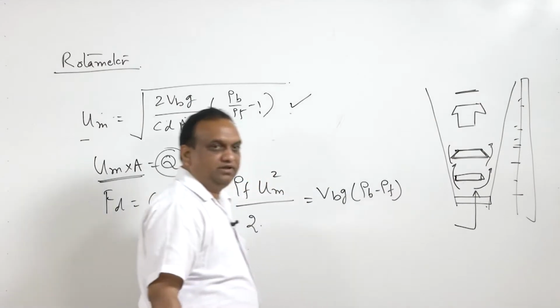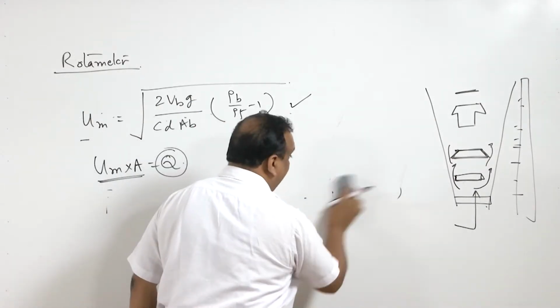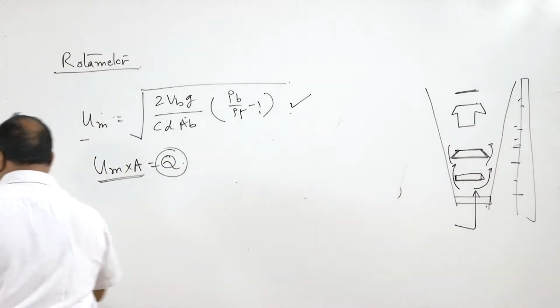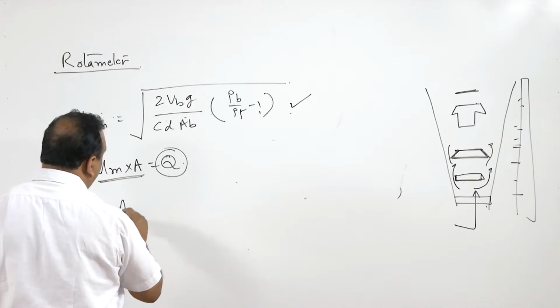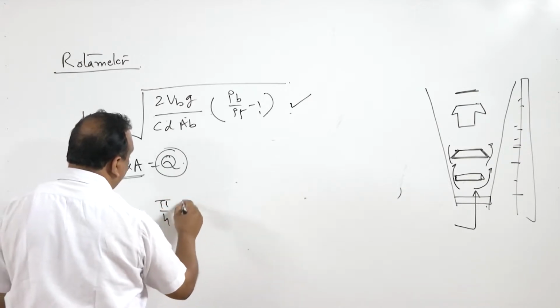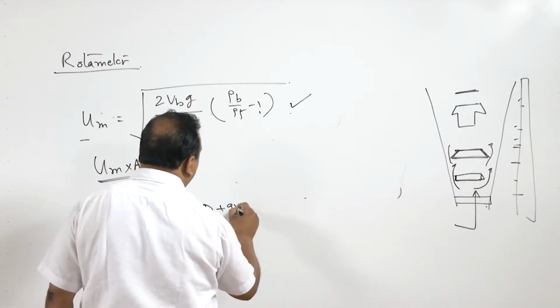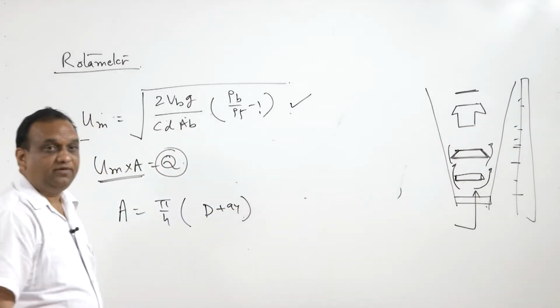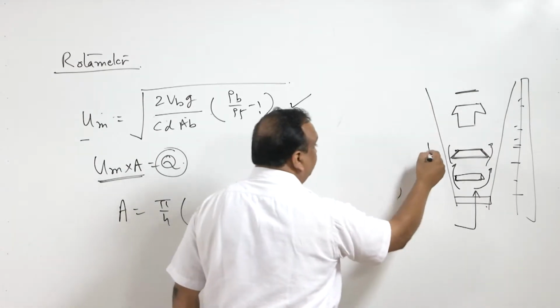varying. So in order to find area, note that area is varying linearly, so A is equal to pi by 4 (d plus AY). Now what is d plus AY? A is the slope and Y is the distance.